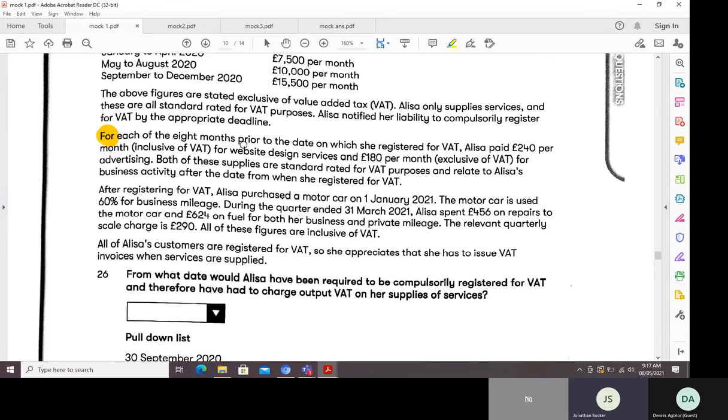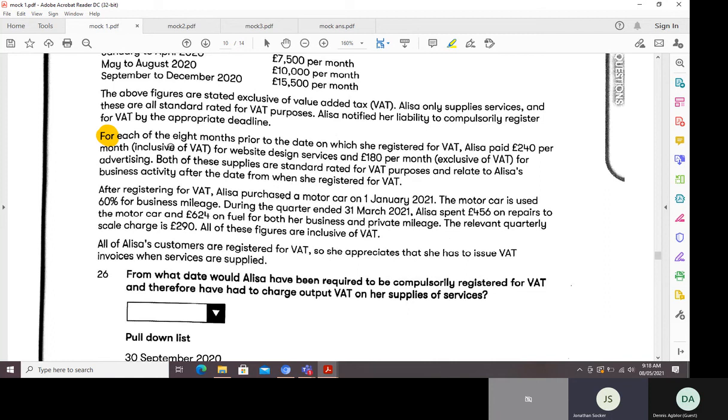For each of the 8 months prior to the date she registered for VAT, she paid $240 per month, inclusive, for website design, and $180 per month exclusive for advertising. I think all these are qualifying expenditure for input VAT. Both of these figures are standard rated for VAT purposes and relate to the business activity after the date.